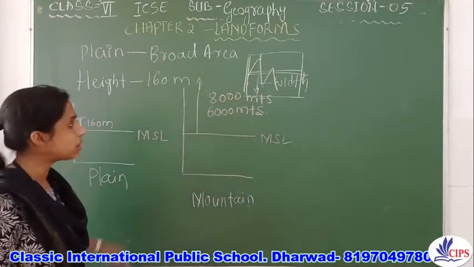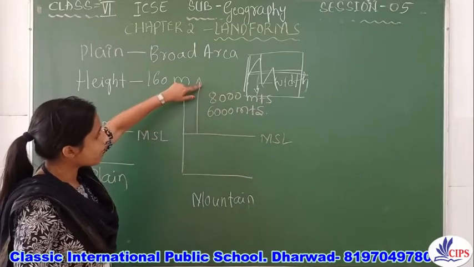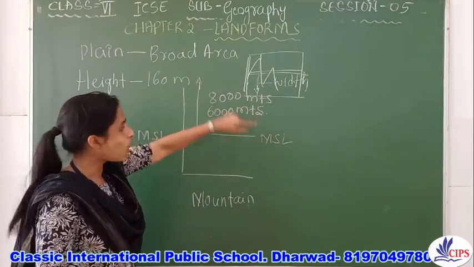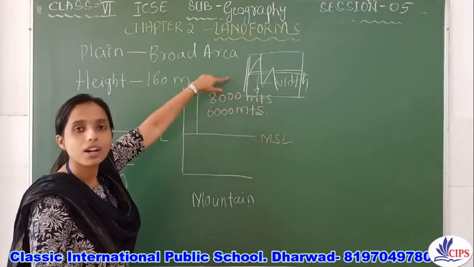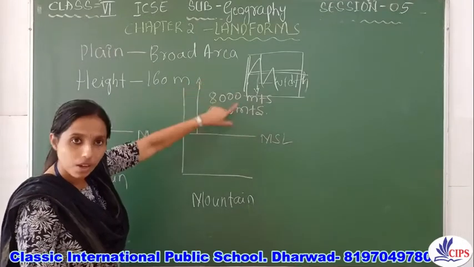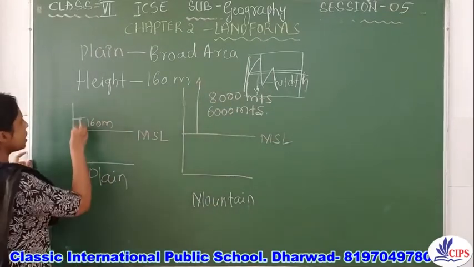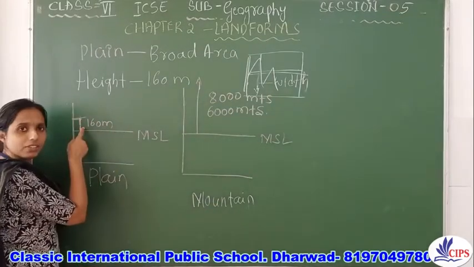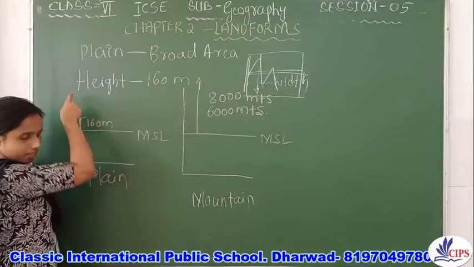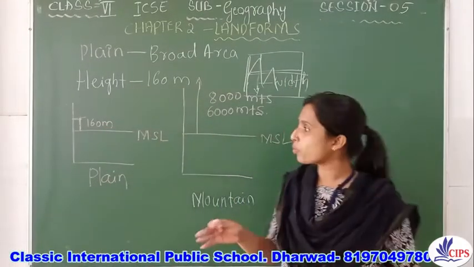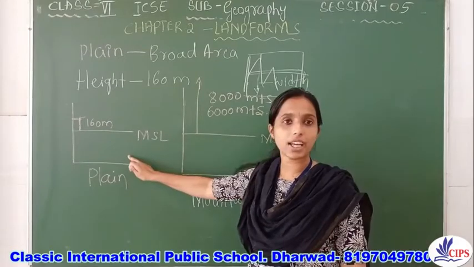Understood the difference? Height of a mountain is 6,000 meters above the mean sea level, whereas a plain is just 160 meters above the mean sea level. This is the difference between a mountain and a plain area.